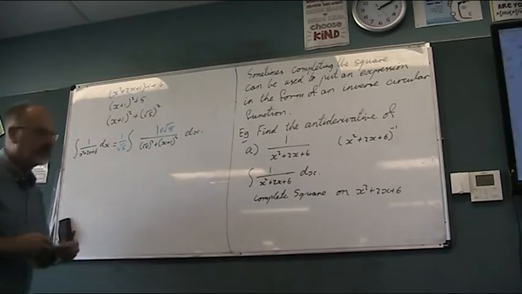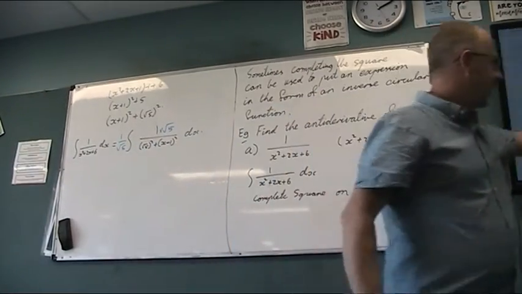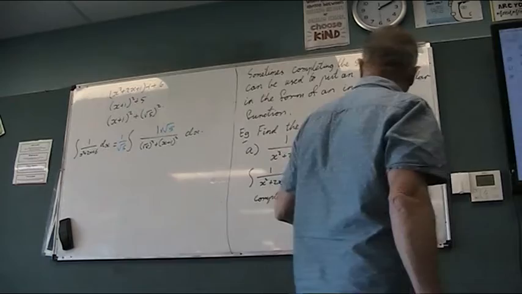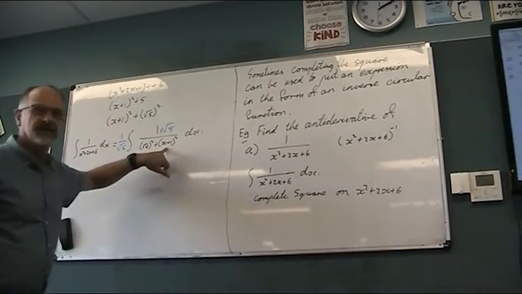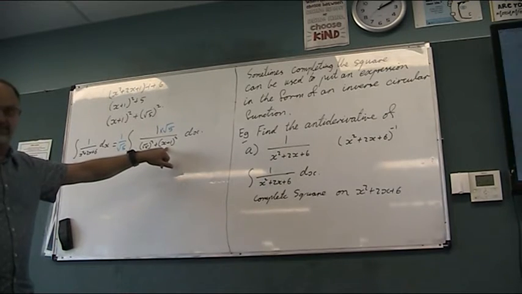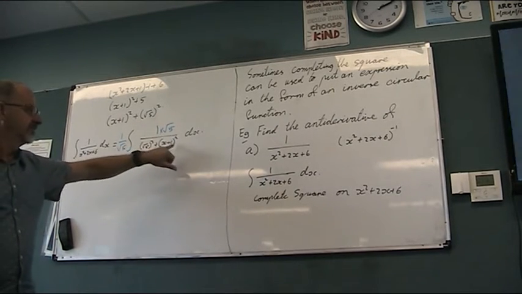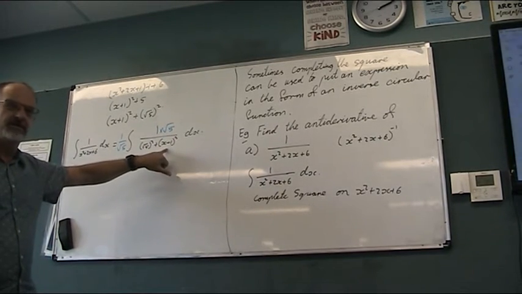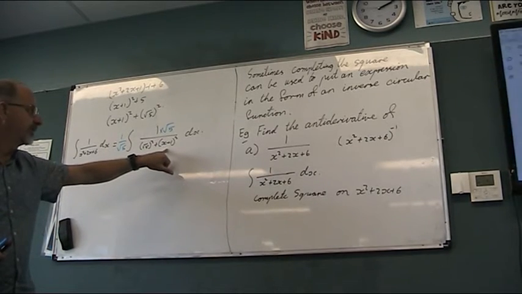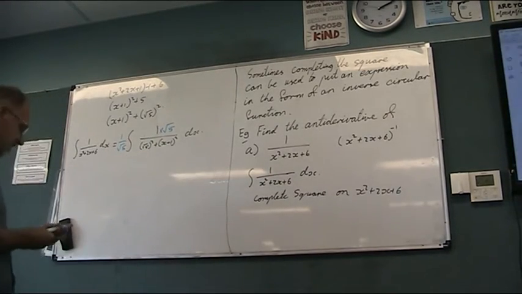But the other tan one just says x squared, but we've got x plus 1 squared. So now, when we do our substitution, x plus 1 equals u. That's exactly what we want to do, isn't it?